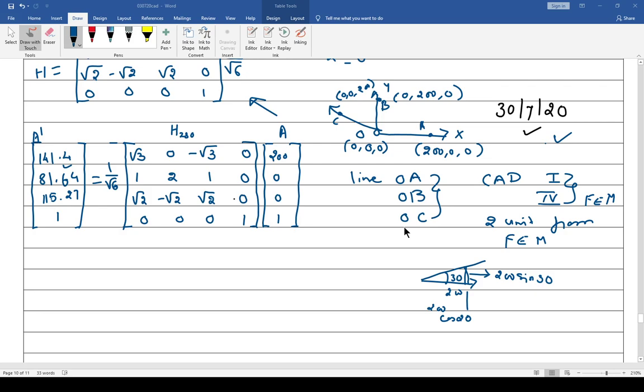So sqrt 3 by 6, sqrt 2 by 6 I got. Sqrt 2 by 6 I got. Now 1 by 6.